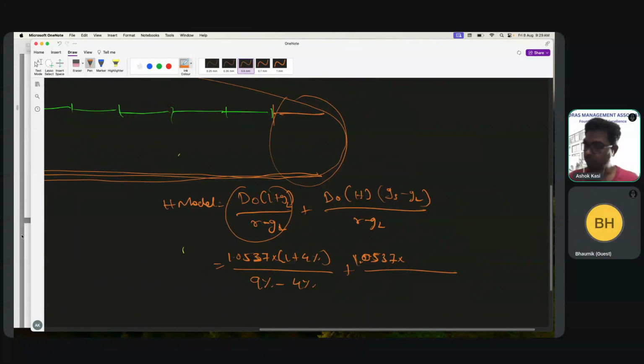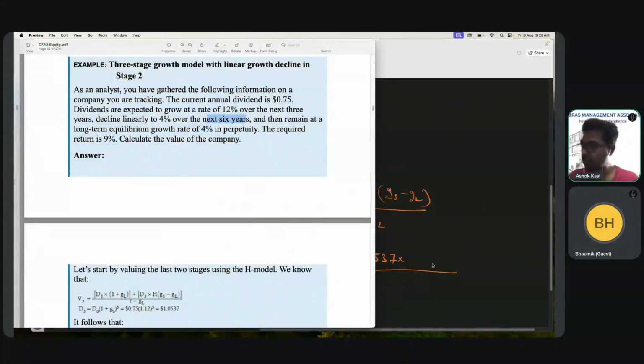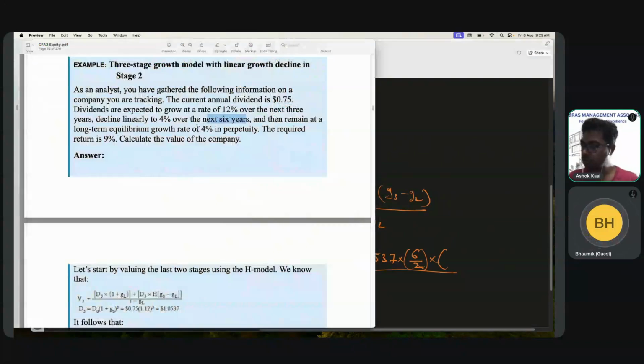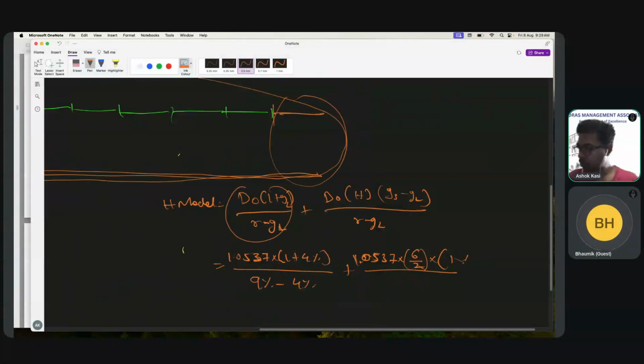Then H is half of how many years? 6 years, so 6 by 2, into short-term growth, which is 12%, minus 4%, divided by R, which is 9%, minus 4%.